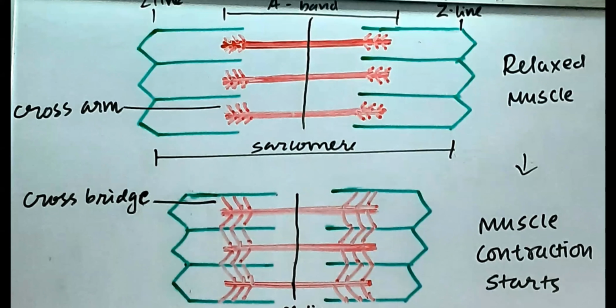So let me point out the structures and get the name of it. जो रेड कलर का है, थिक फिलामेंट. Exactly. चलो, what is this? Thin filament. Exactly. What is this?